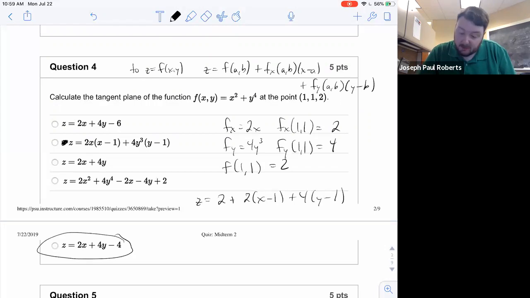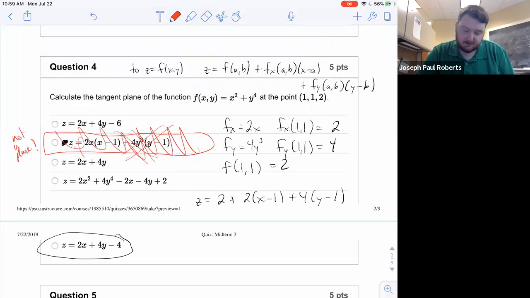So a lot of people put this one. And this is really, really bad. Because remember what plane equations looked like back in chapter 12. We've been dealing with them all semester. And remember, for plane equations, you don't have things like x squared or y to the fourth.